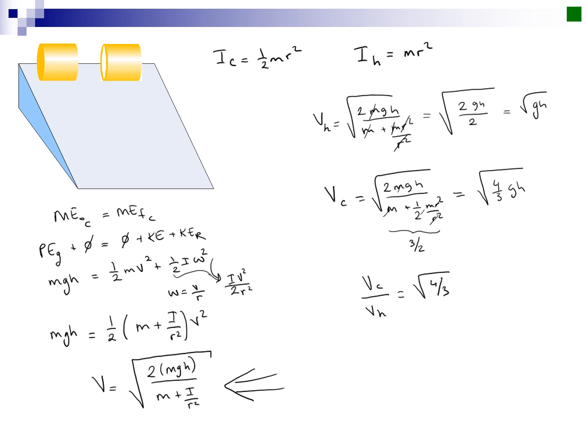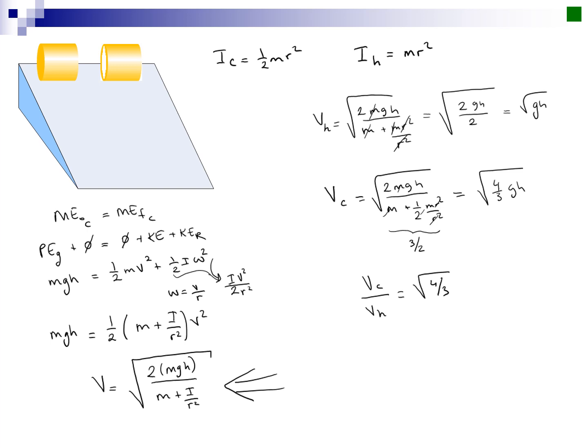So velocity here for the hoop first would be, their masses are the same, their r's are the same, so 2 times mgh over m plus mr squared over r squared.